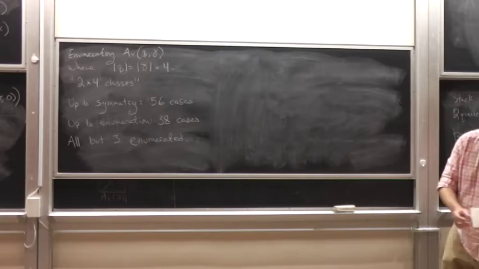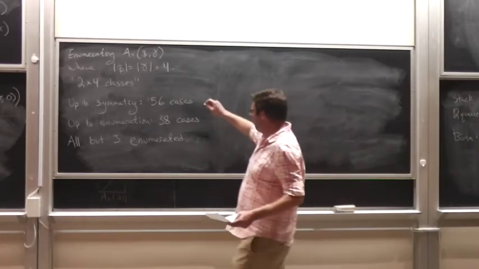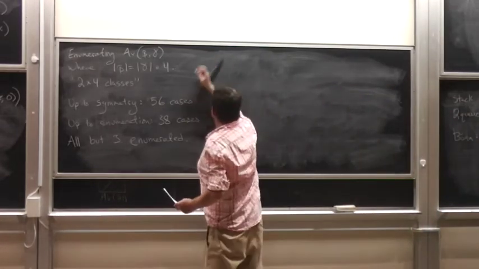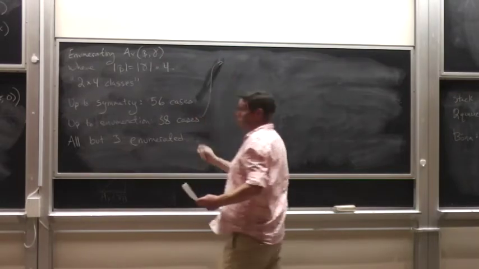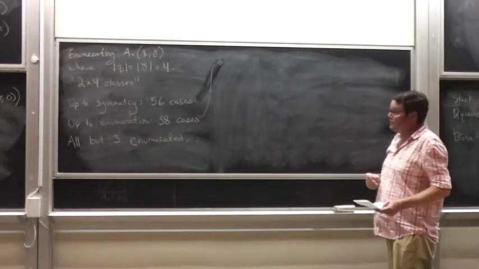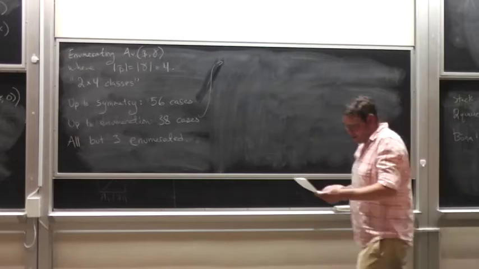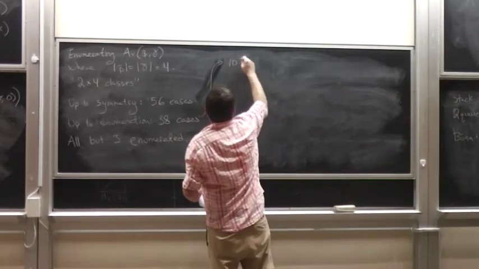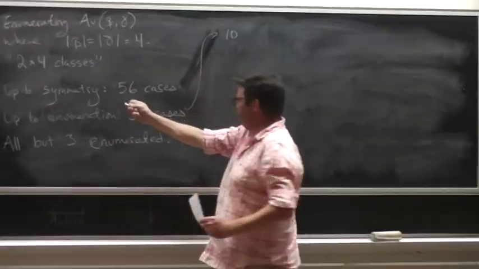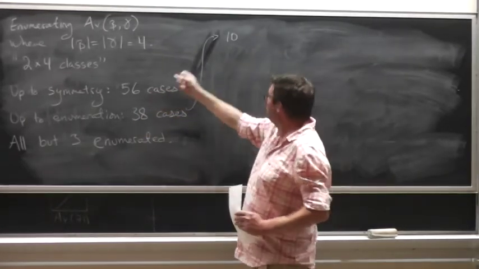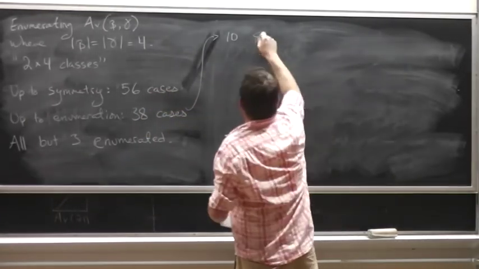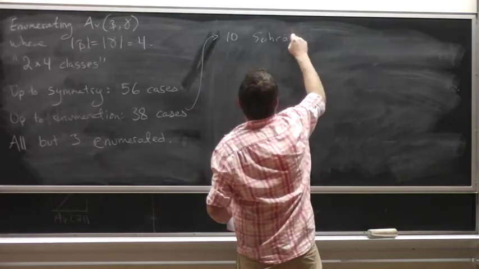What I want to do first is make 2 points. Of these, I said symmetry. So I said there's 38 enumerations. Well, of these 56, 10 of them all have the same enumeration, and that's the Schroeder numbers.